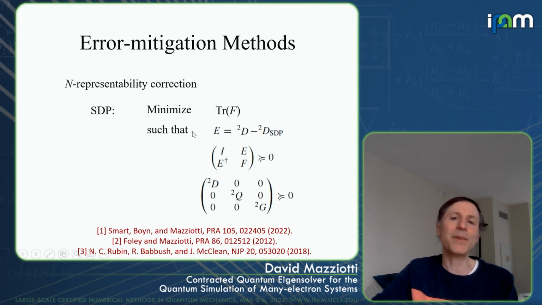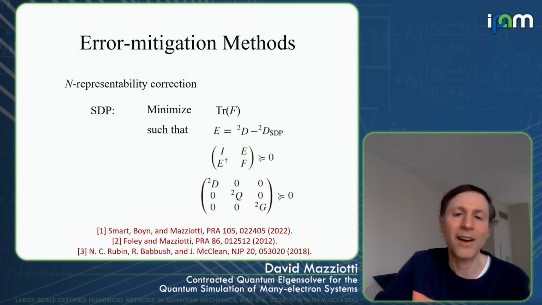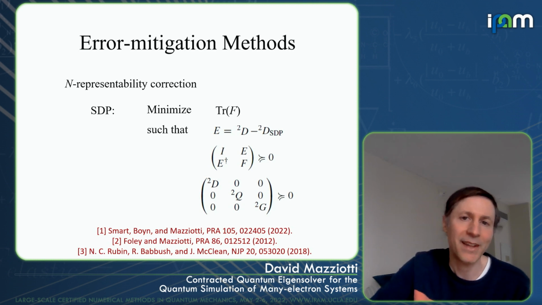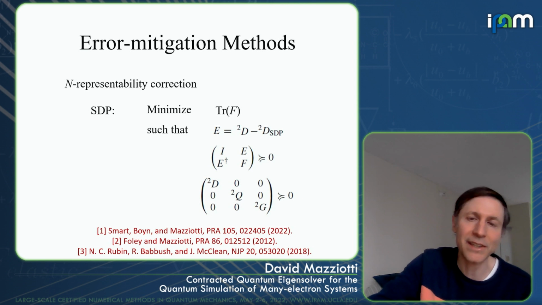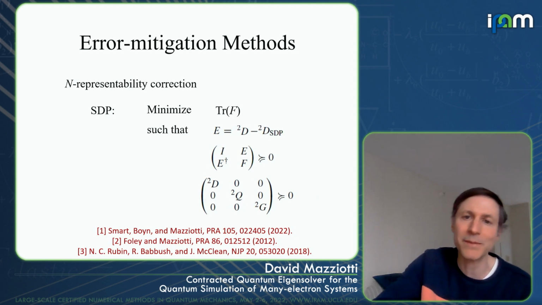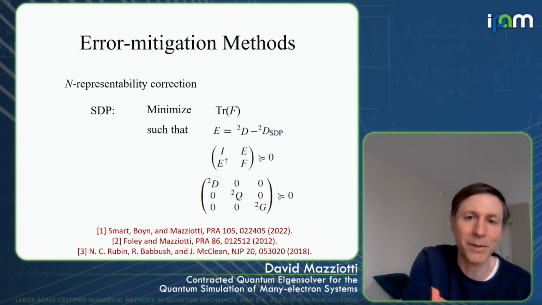So if we solve the semi-definite program, we end up projecting onto the two-positive set of reduced density matrices, and we obtain the 2-RDM that satisfies the D, Q, and G conditions but is closest, in a least squares sense and a Frobenius norm sense, to the 2-RDM measured on the quantum computer.